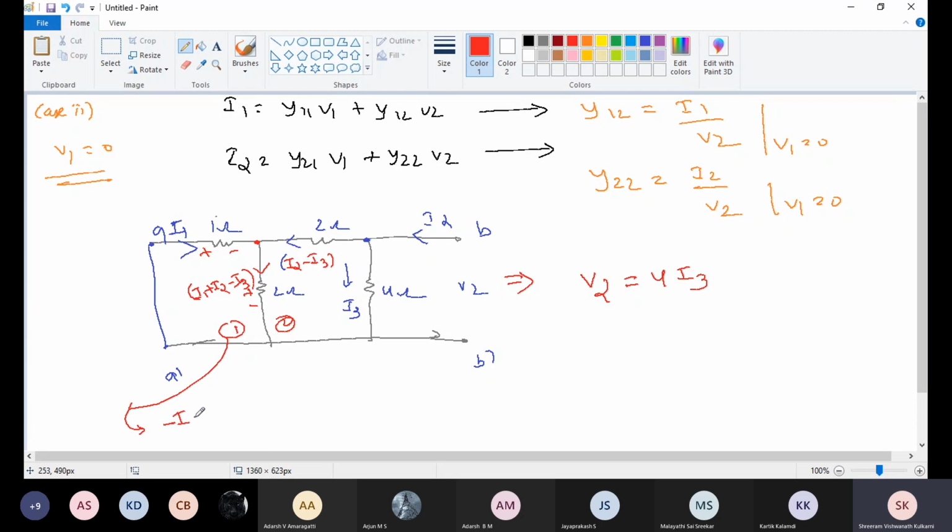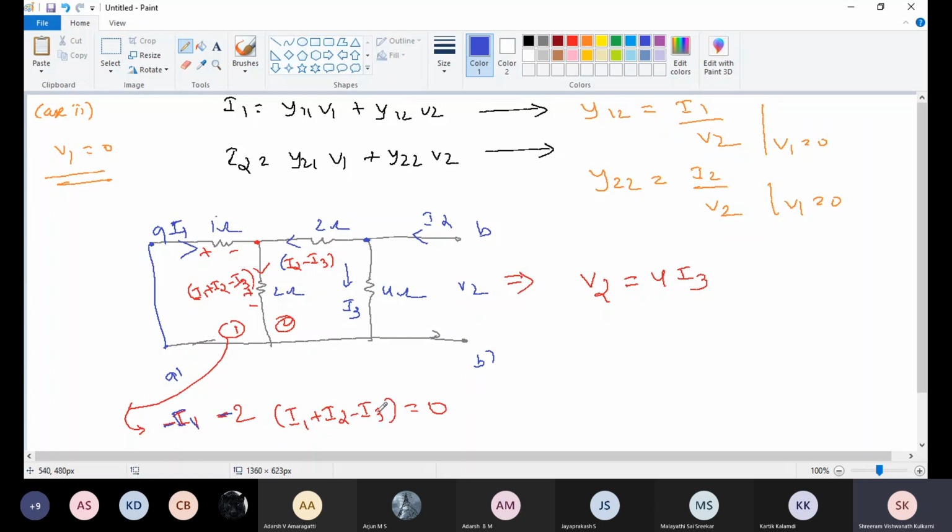Minus 1 I1 minus 2 times I1 plus I2 minus I3 equals to 0 for this loop. This is correct. Just check. Minus 2, yeah, correct. Minus 2 times I1 plus I2 minus I3.